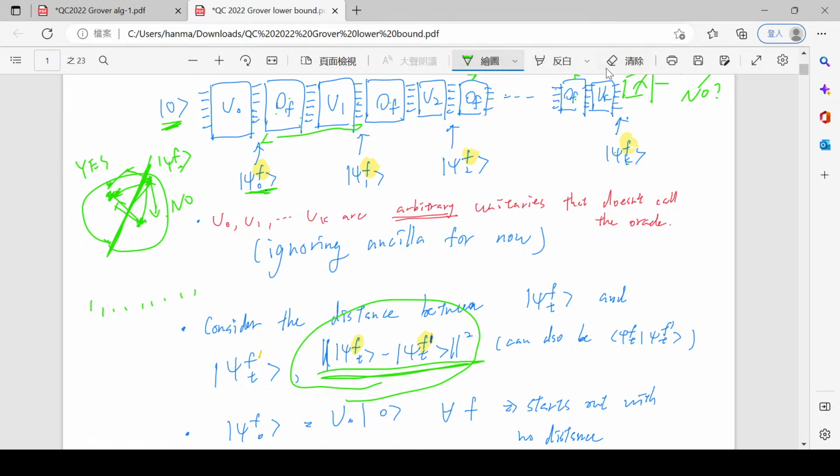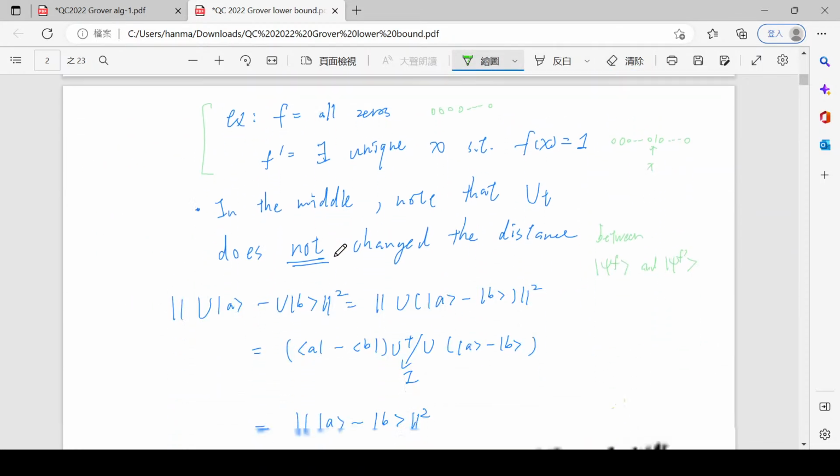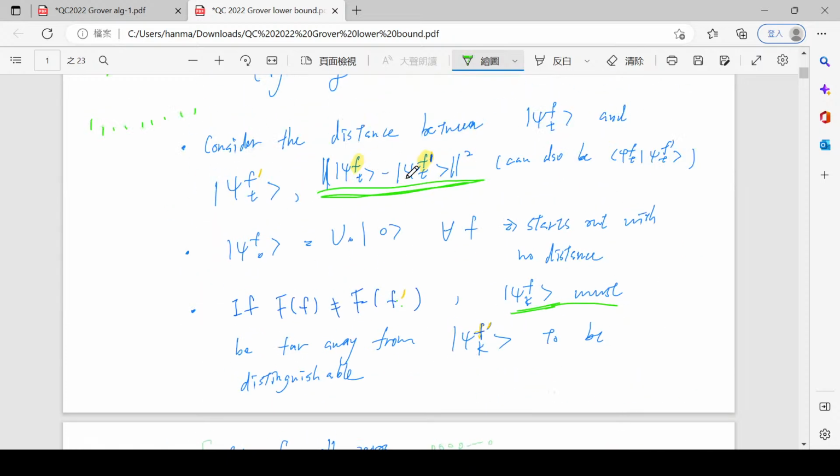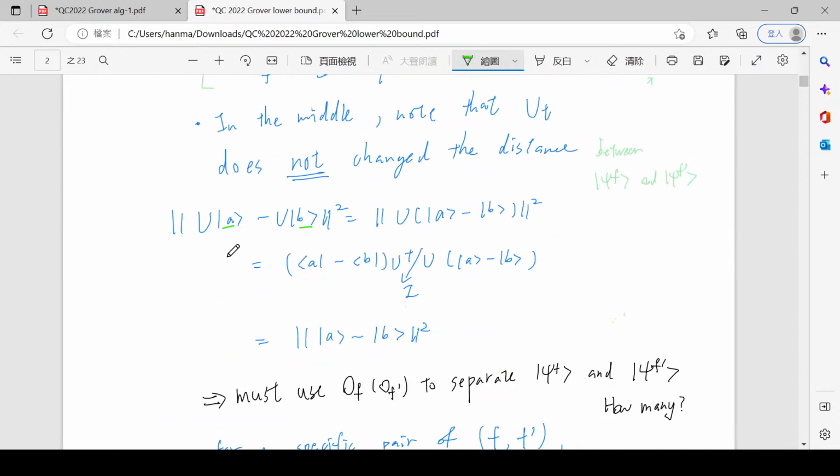And that is indeed true, because if you have some state A and some state B, we just use a simpler notation, and you apply the same unitary on them, then this distance doesn't really change. This is what makes everything work, because our distance doesn't depend on those unitaries that don't contain any query, and you can just do a calculation.